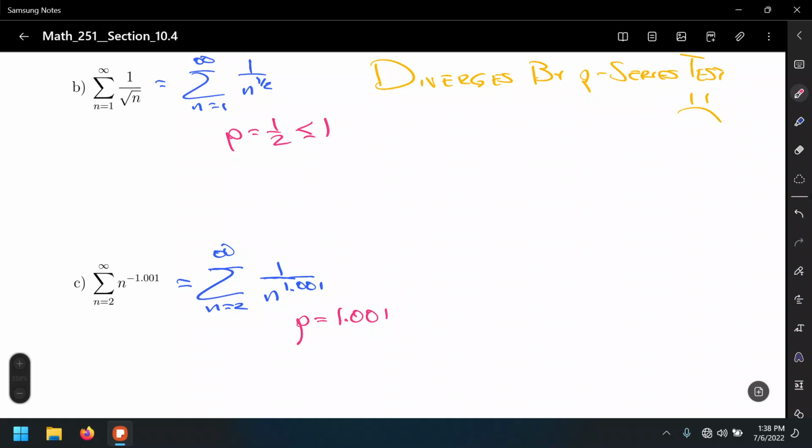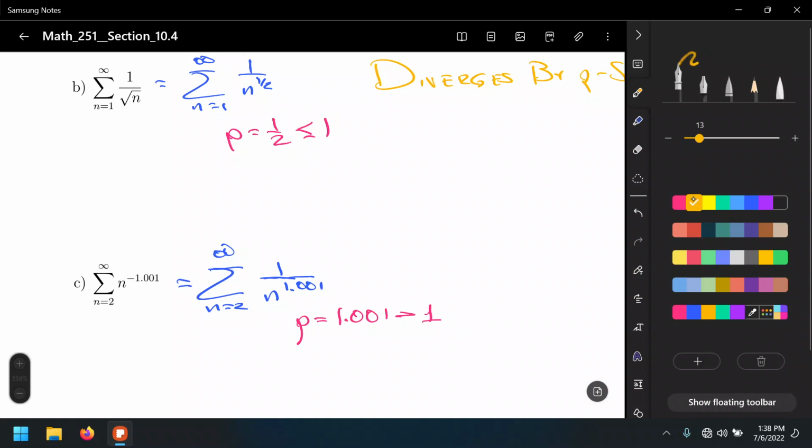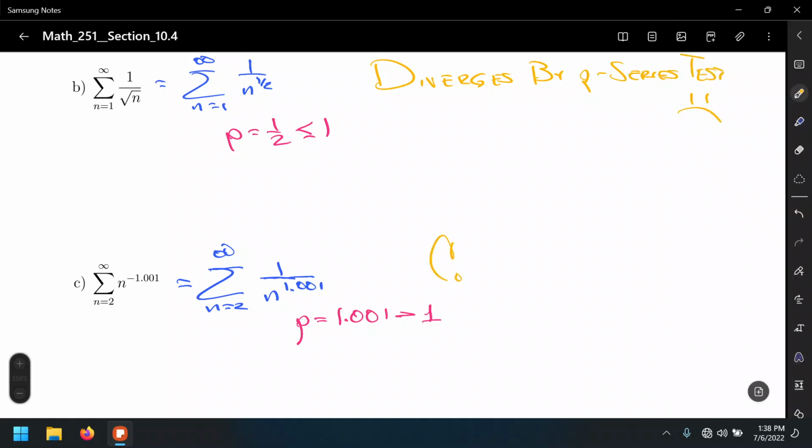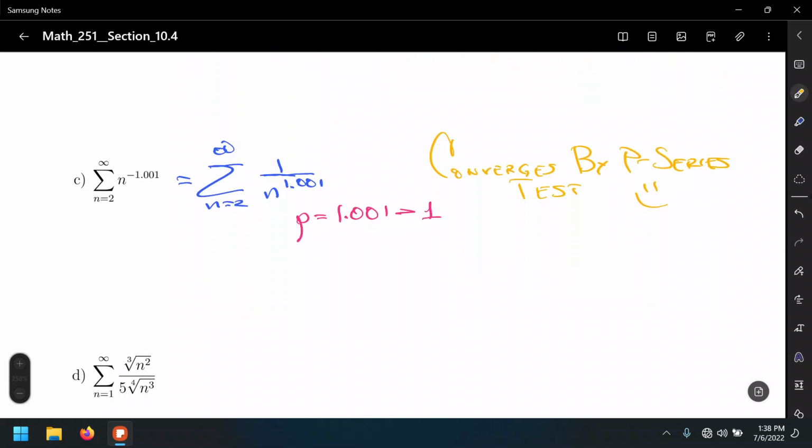Greater, right? I mean, by just a thousandth, that's all it is. That makes a whole difference. So converges by p series test. Letter D.